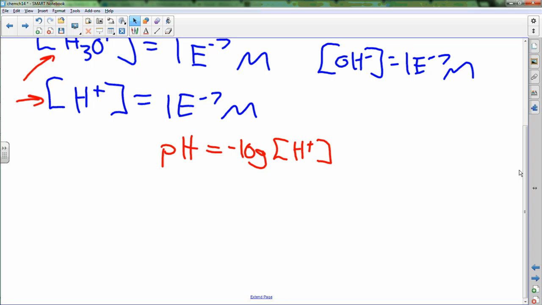So what we would do is take the calculator and go negative log, put in 1 e to the negative 7, and hit equals.